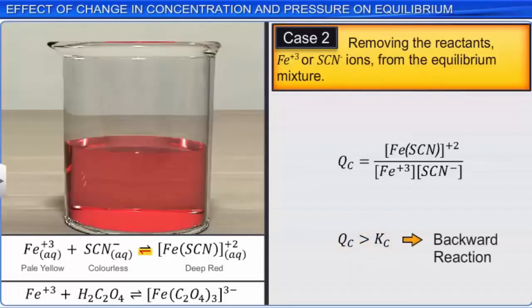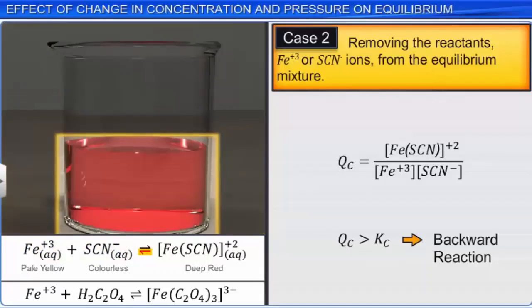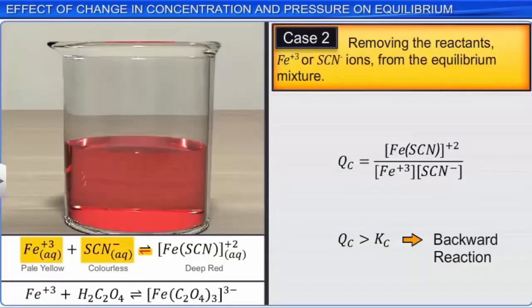Hence, FeSCN²⁺ ions undergo dissociation to give Fe³⁺ and SCN⁻ ions. Due to the decrease in the concentration of FeSCN²⁺, the intensity of the red color decreases. Thus, we can conclude that removing or decreasing the concentration of any one of the reactants always favors the backward reaction.